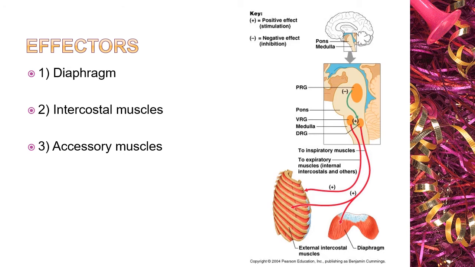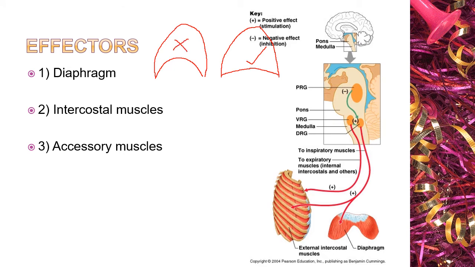Let me just show you dome shape. So this is what we call dome shape. And when it contracts, it flattens out. It becomes something like this, right? Therefore, it increases the lung volume. If this is the lung volume, definitely this one is larger compared to this one.